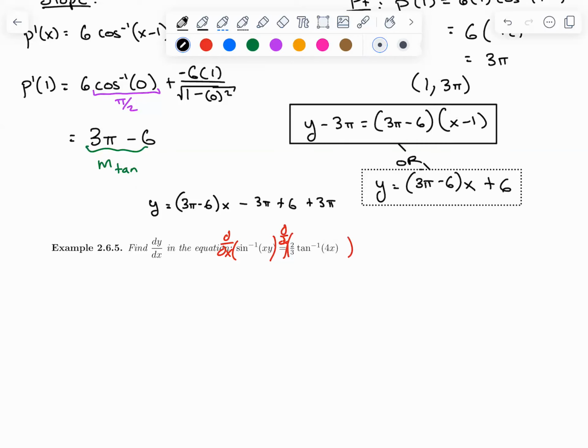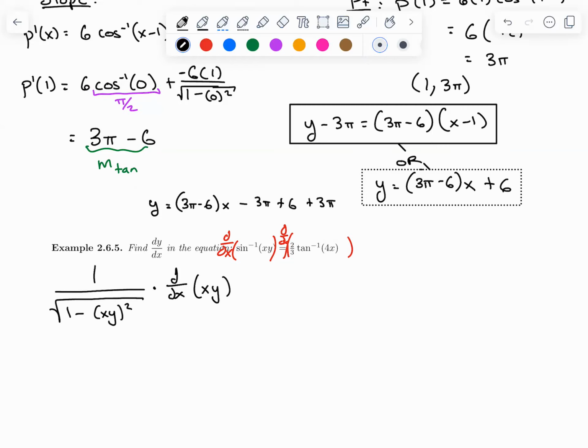So sine inverse's derivative is 1 over the square root of 1 minus x squared. So it's going to be 1 over the square root of 1 minus xy squared times the derivative of xy. I'm doing it in steps because this is kind of weird when we're first saying we're taking a chain rule with a product rule on the inside, but the product rule is with x's and y's.